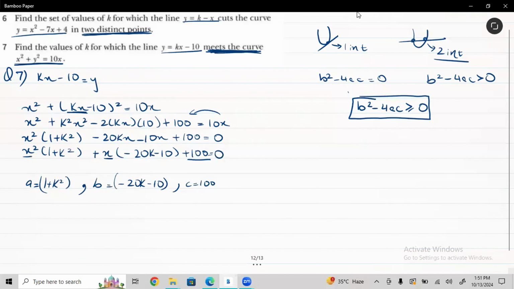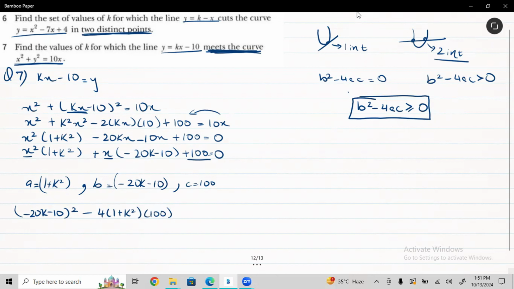Now we need to solve this real quick. And now it's going to get a little bit tricky. So b squared: (negative 20k minus 10) whole squared, minus 4 multiplied by (1 plus k squared) multiplied by 100.